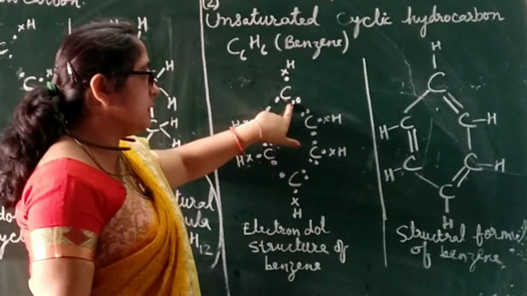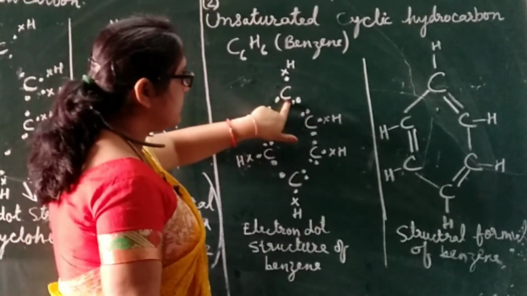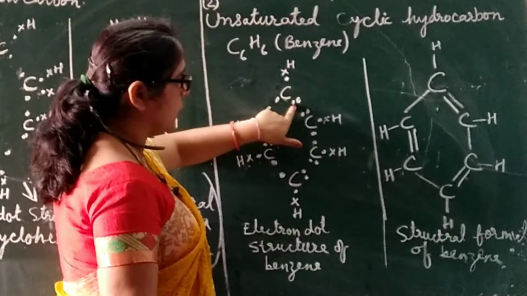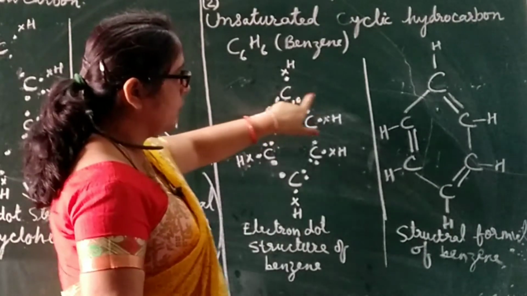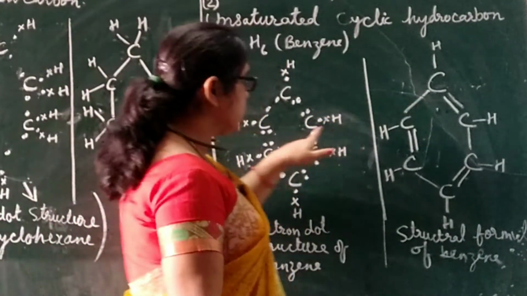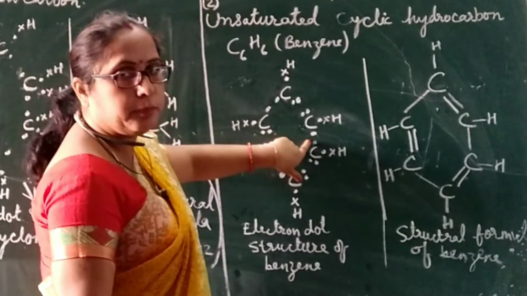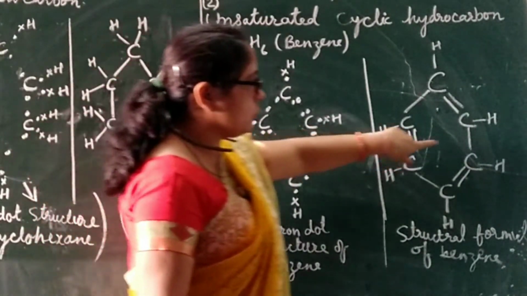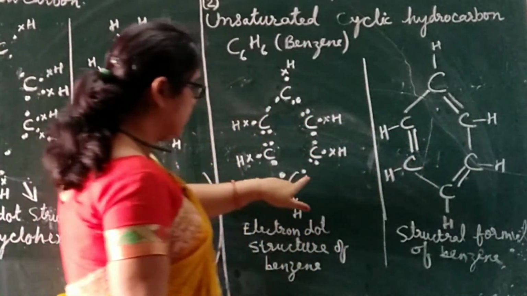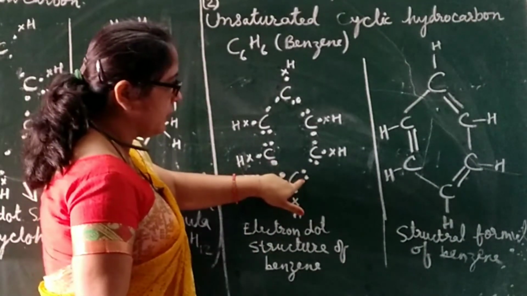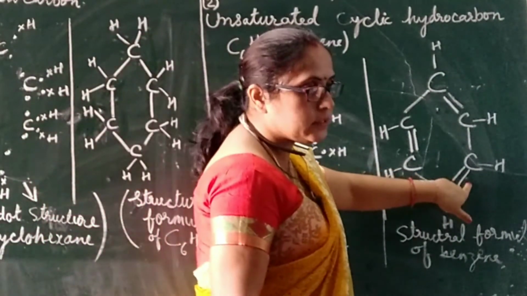So in the structure of benzene, this carbon shares its 2 electron pairs, so they form a double bond. The next carbon shares 1 electron pair with the next carbon, so it forms a single bond. Again, this carbon shares its 2 pairs of electrons, so here a double bond is present.